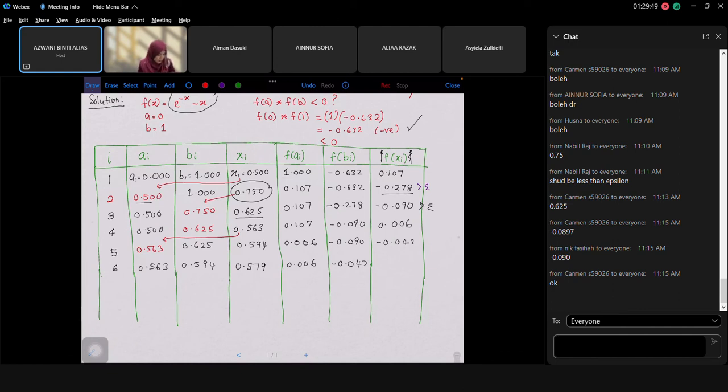So the new FX adalah 0.579. Negatif 0.019. Dapat?